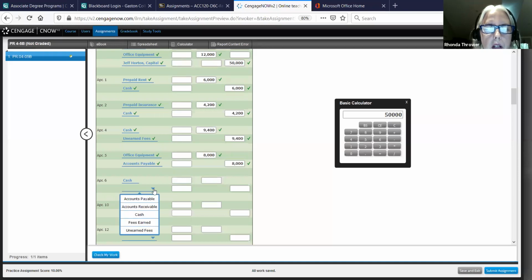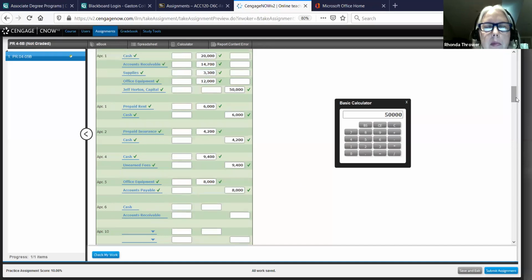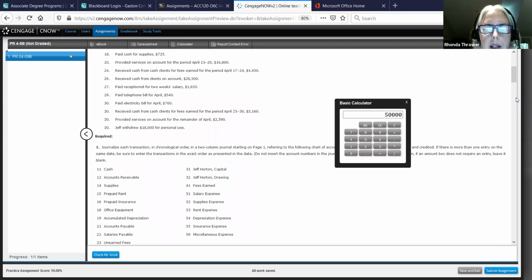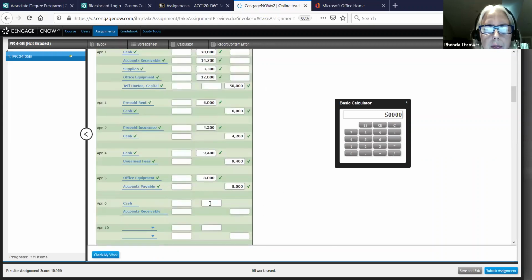You've received it on account, so your accounts receivable is decreasing. To decrease accounts receivable, we would credit it. To increase cash, we would debit it. The amount that we received from this transaction is $11,700. And we'll check our work.